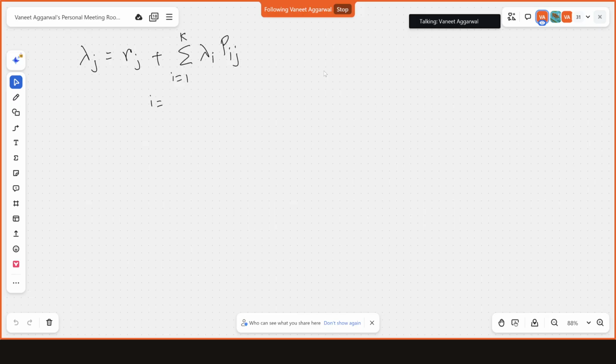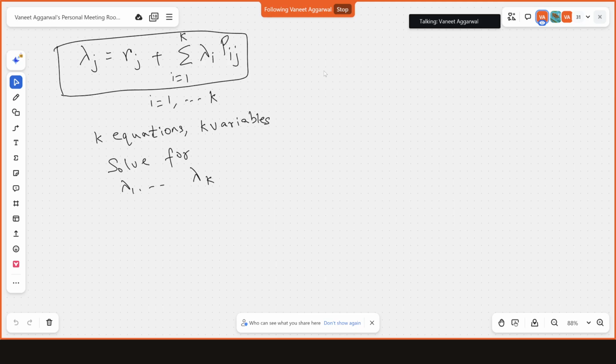This equation you have for all j from 1 to k. These are k equations, k variables. Solve. Is this clear?